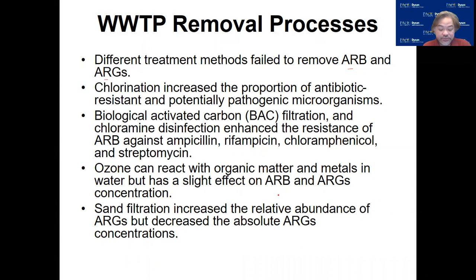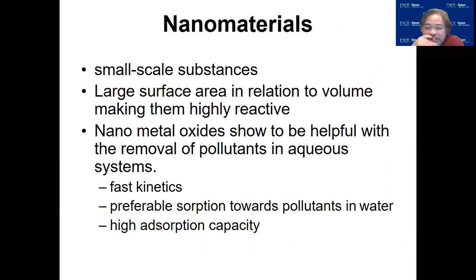And the other treatment that they use, which is sand filtration, just increased the relative abundance of antibiotic resistance genes, but decreased the absolute antibiotic resistant bacteria. Okay, so those are the problems of the present wastewater treatment processes that are used to remove chemicals. They cannot remove the antibiotic and its antibiotic resistant bacteria or antibiotic resistant genes.